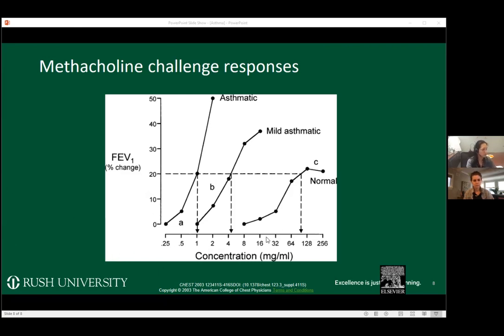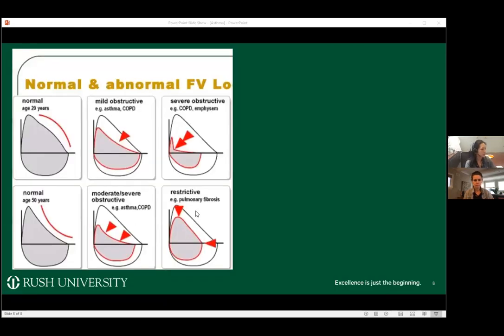Okay, so normal. So first we get spirometry, and we just look at what it looks like. So it should be one of these pictures, normal. And then we're trying to drive obstruction. That's what we're trying to find.